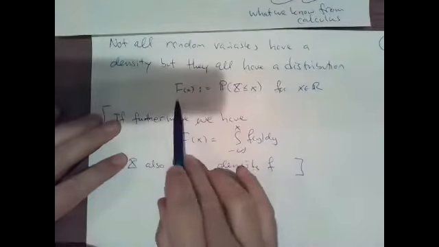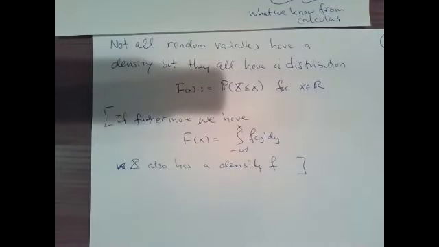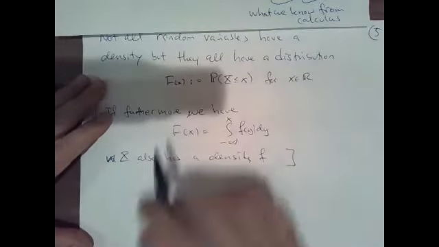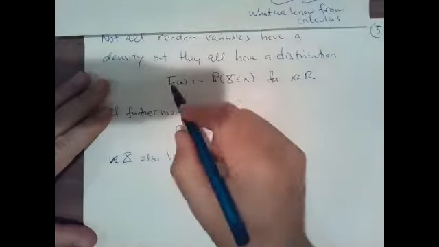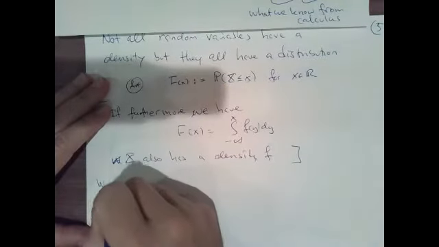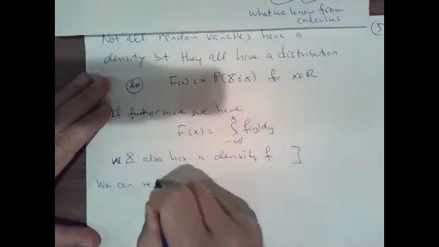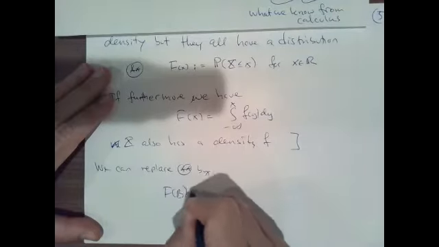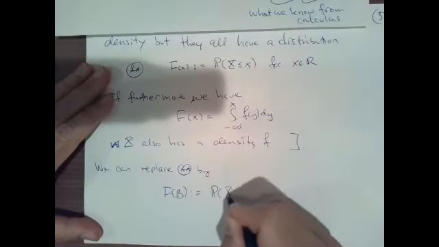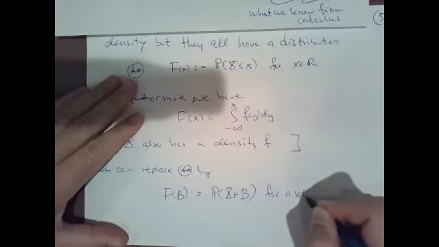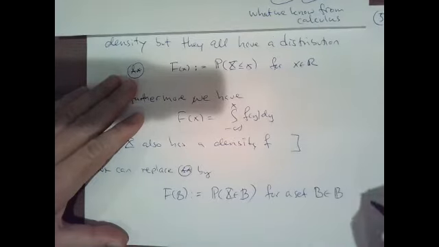So we need to figure out what to put over here. And what we're going to be putting over there is this F here. Some of you might have been to office hours, and I think we had a discussion about this maybe a week ago. One can generalize this definition here. Instead of F of x like this, let me call this double star. We can replace double star by F of B, which is the probability that X belongs to B, for a set B in the Borel sets.